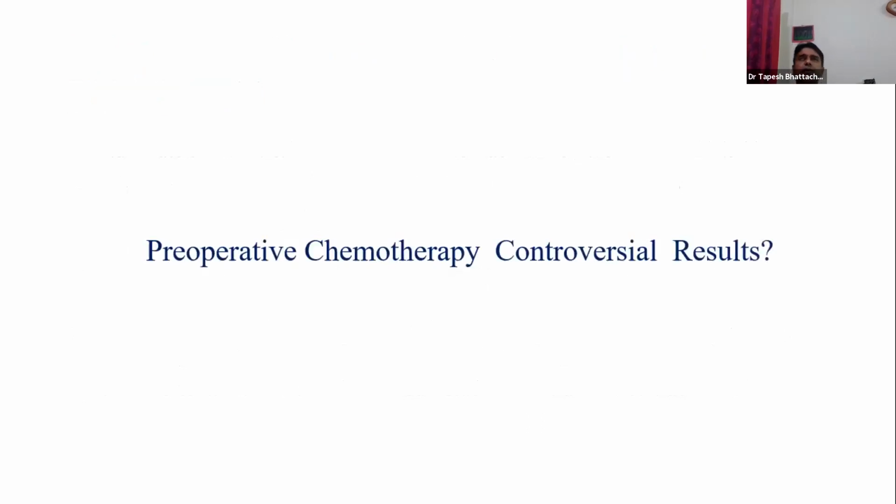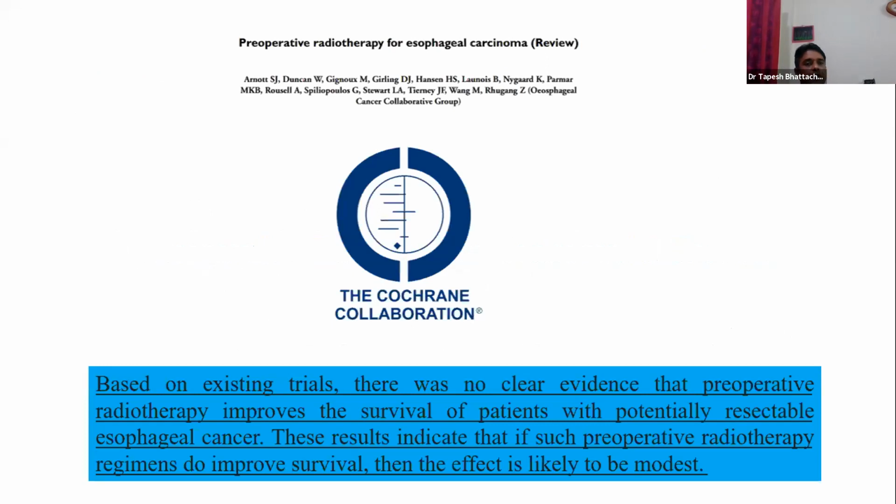So preoperative chemotherapy, there were definitely controversial results. Then people thought, okay, chemotherapy has given us controversial results. The same kind of work was going on with preoperative radiation also. So people have tried preoperative radiation alone.